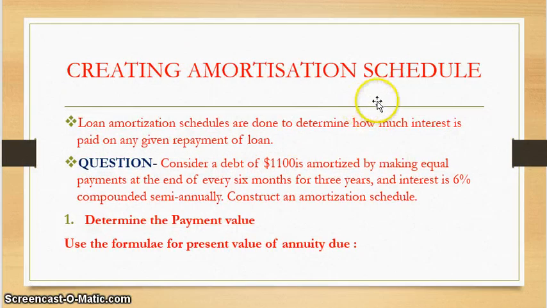I'm going to show you the steps on how to create an amortization schedule. A loan amortization schedule is done to determine how much interest is to be paid on any given repayment of a loan. So consider this question.